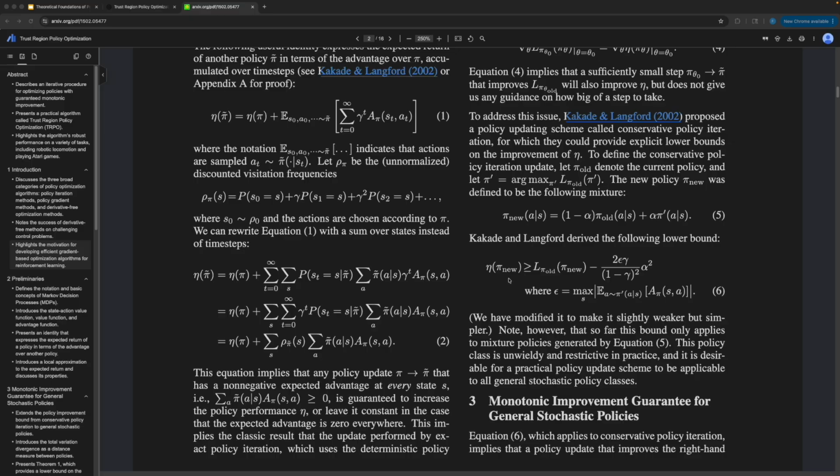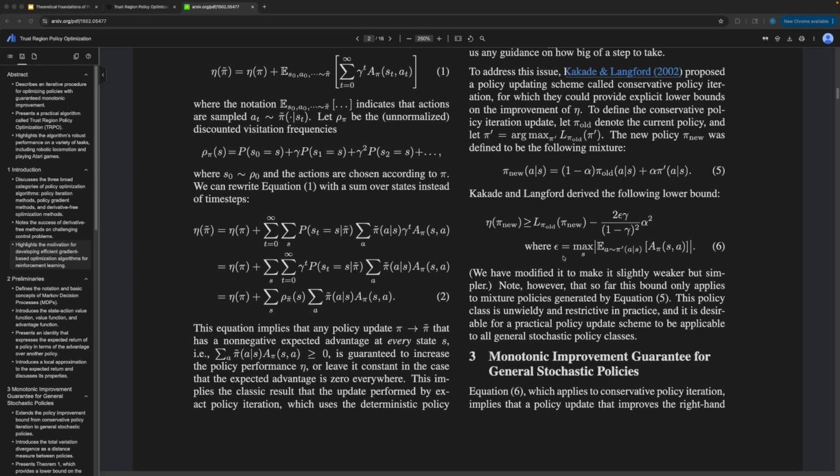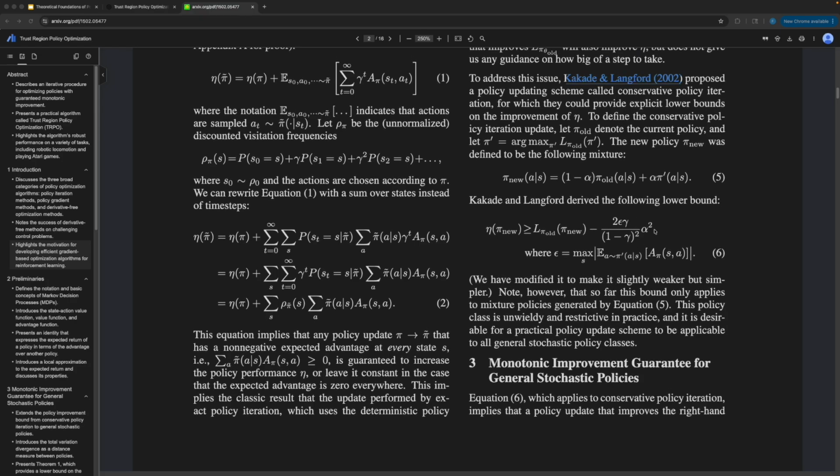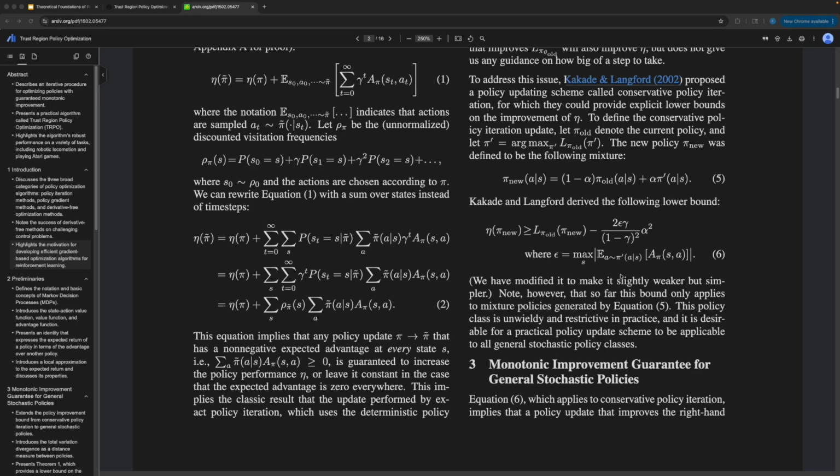the performance of your new policy is greater than or equal to this function minus a term, and this term would be really small if alpha is small, and also if the π' is very close to your π_old.